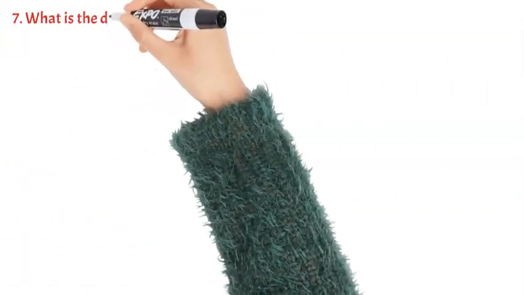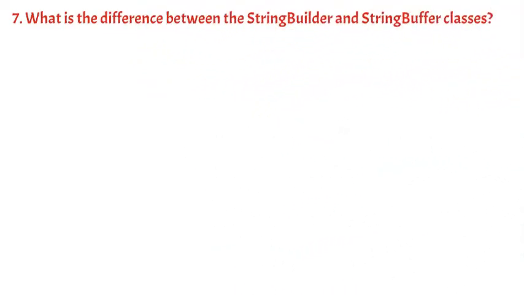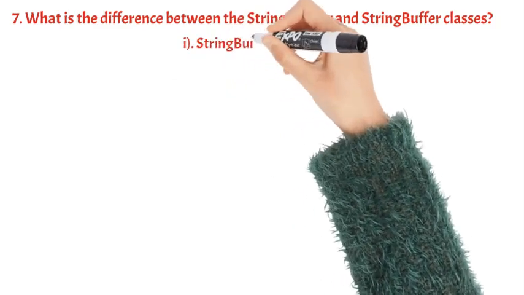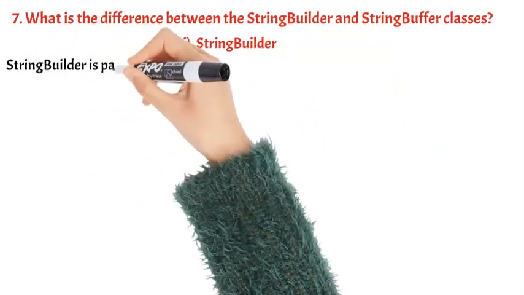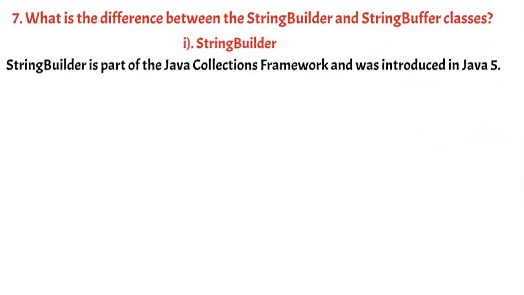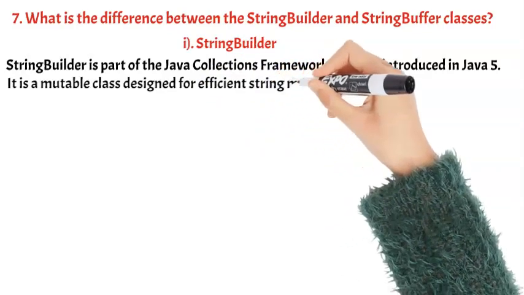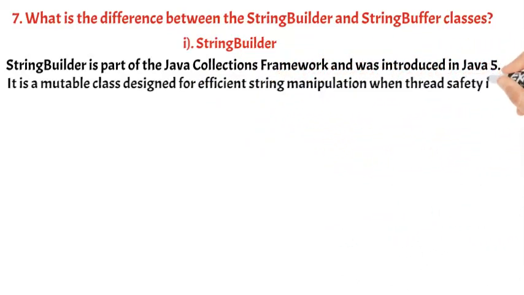7. What is the difference between the StringBuilder and StringBuffer classes? 1. StringBuilder. StringBuilder was introduced in Java 5. It is a mutable class designed for efficient string manipulation when thread safety is not a concern.